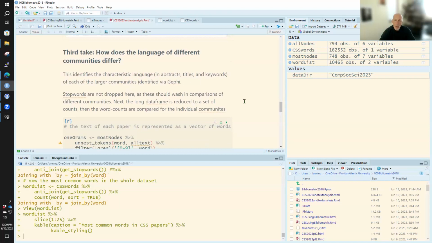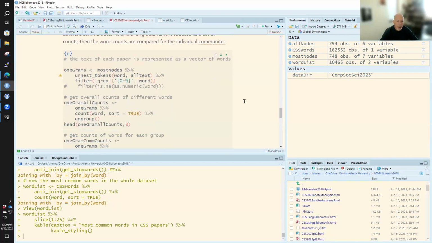Now, what I want to do finally is compare or combine the 2 approaches that we've seen in those first 2 takes. In the first take, we had this analytic approach looking at different scholarly communities. In the second, we looked at the language of the whole set of texts. Now here, we're going to compare the language of each of those communities. The way we're going to do that is get rid of the very small communities.